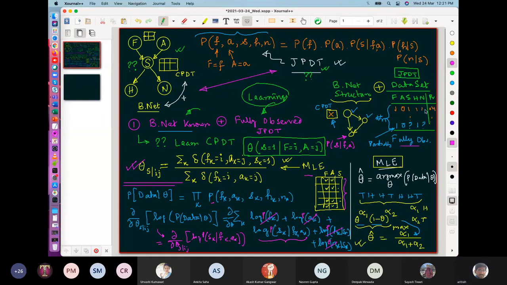Then just count for f equal to 1 and a equal to 0 and s equal to 1, how many of them, and count how many are f equal to 1 and a equal to 0 only. You just divide that. Get it?